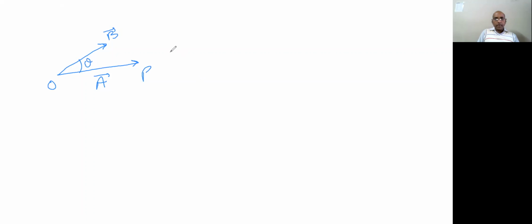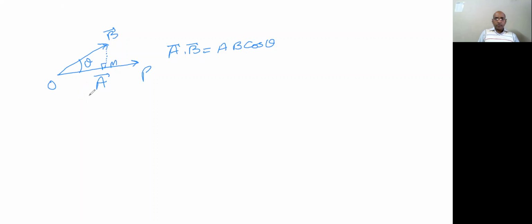We know A dot B is AB cos theta. Now, if I draw a projection from B, perpendicular onto OP, this projection is OM.